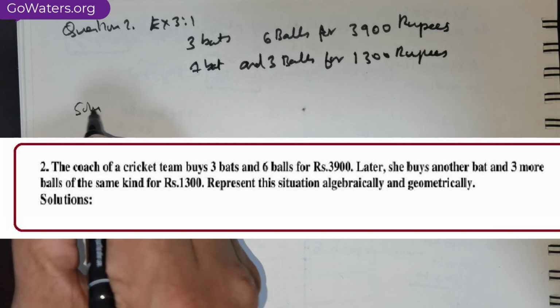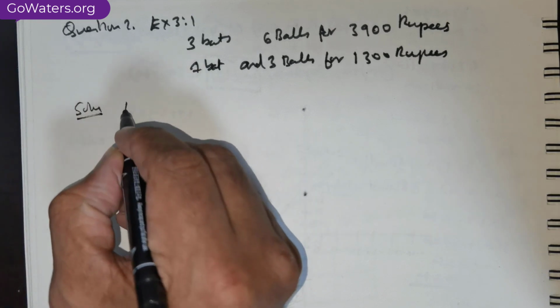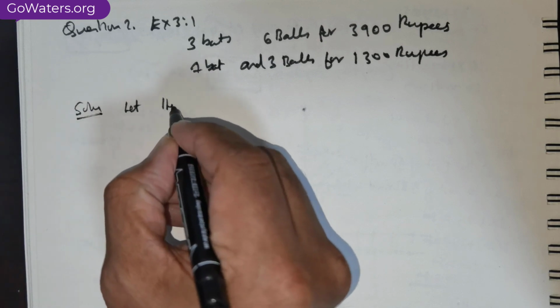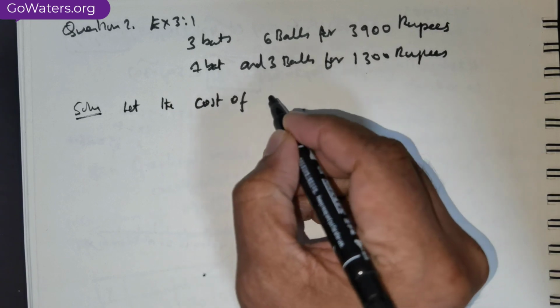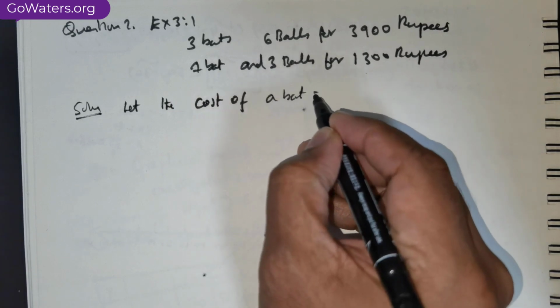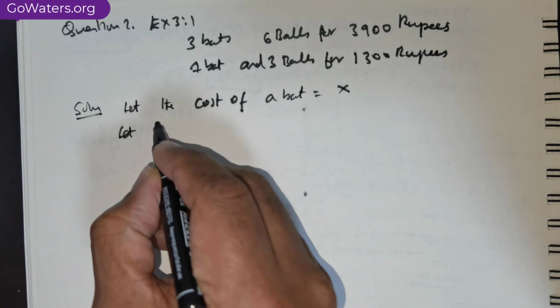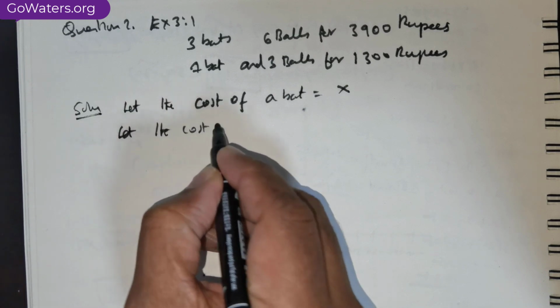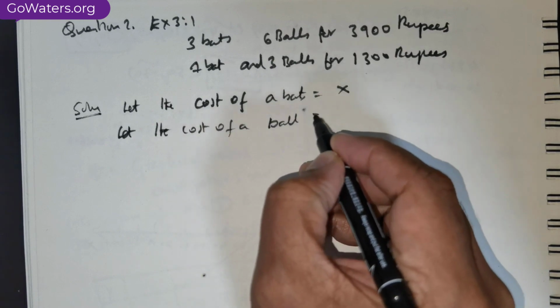So this is the solution. Let the cost of a bat be equal to x, and let the cost of a ball be equal to y.